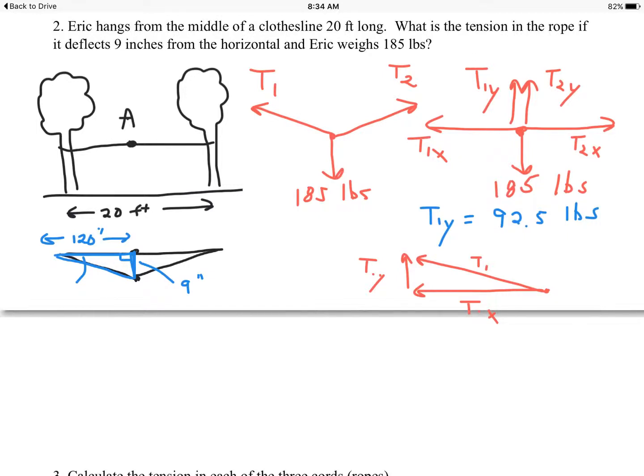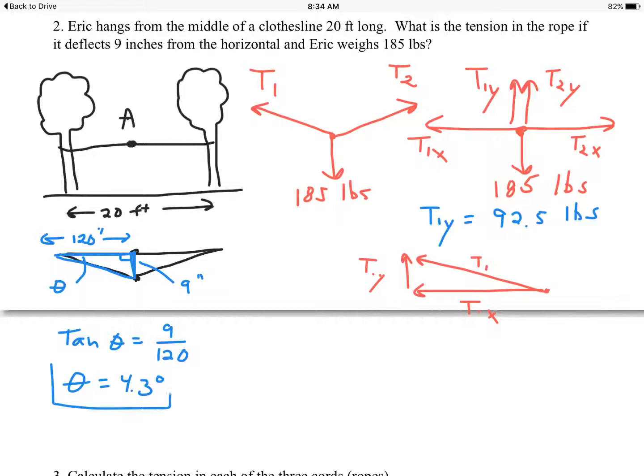And let's just call that theta. So the tangent of theta is going to be 9 over 120, because that's why I put both of those measurements in inches so I could compare them and figure out the angle. The angle comes out to be, inverse tangent, 4.3 degrees.